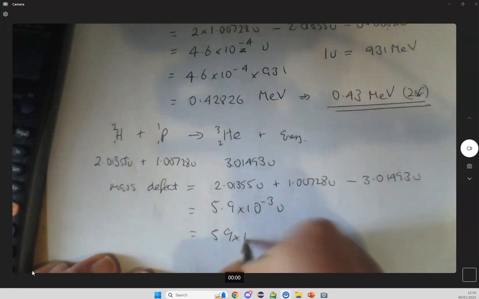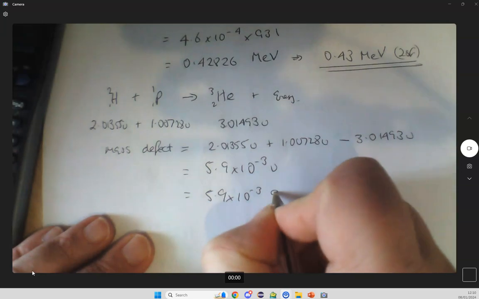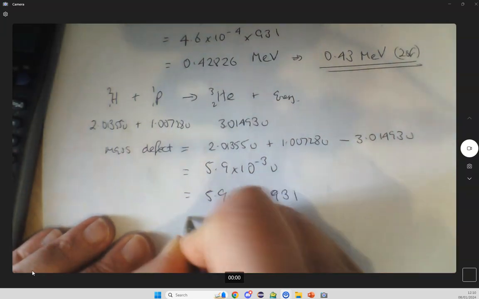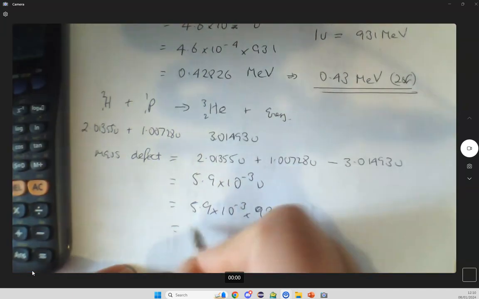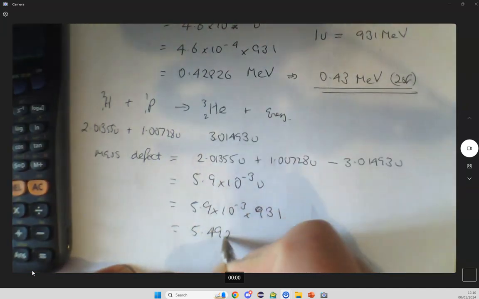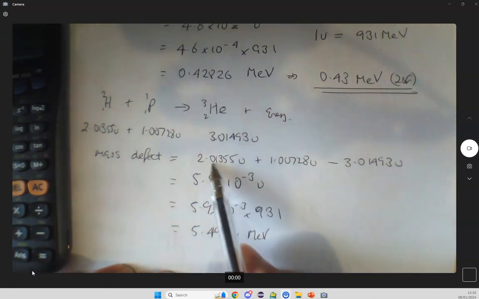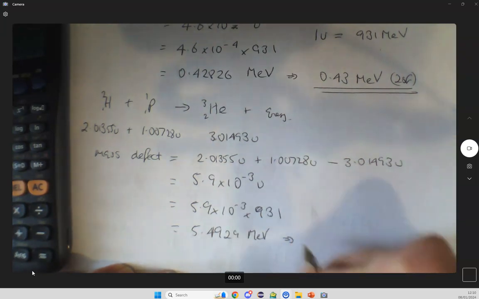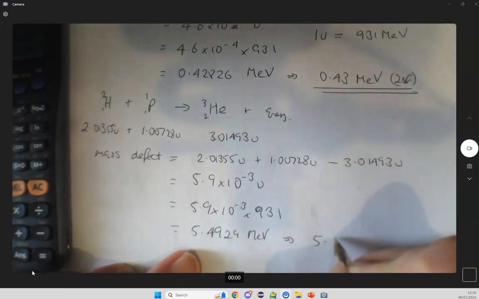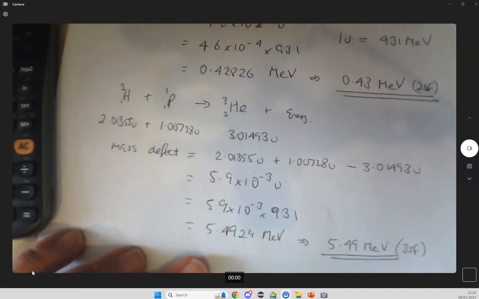Each U, as it told us before, is 931 mega electron volts, so times by 931 gives us 5.4929 mega electron volts. Everything here has 3 significant figures at worst, so I'm going to go 5.49 mega electron volts to 3 significant figures for this one. Hopefully that makes sense. Thank you very much.